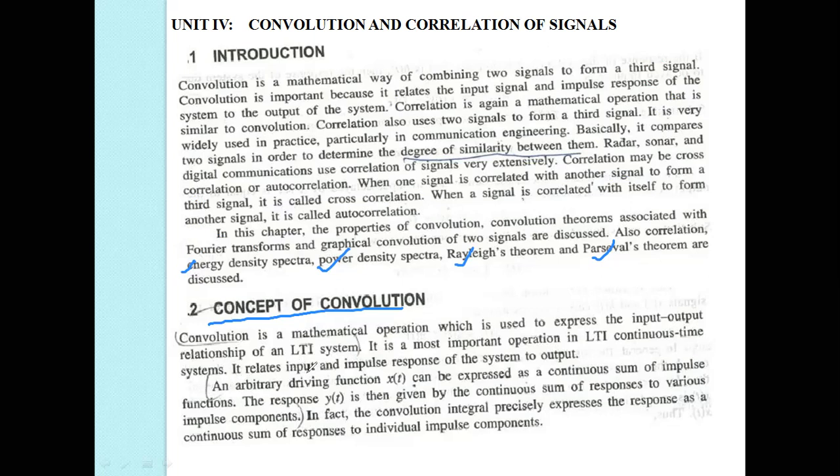It relates input x of t and impulse response h of t of the system to output. Impulse response, think about the h of t, my dear students. Once again, I will explain the block diagram, the output y of t.